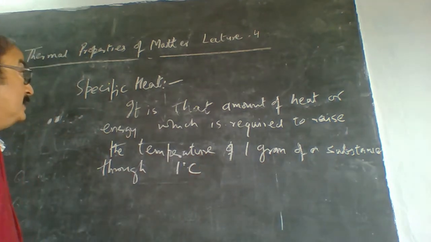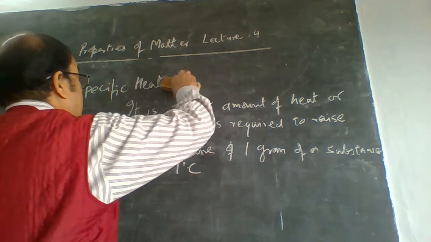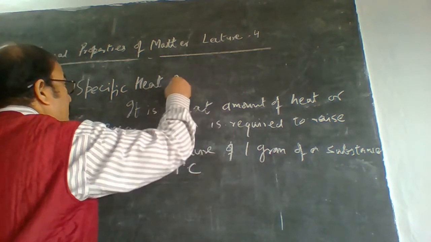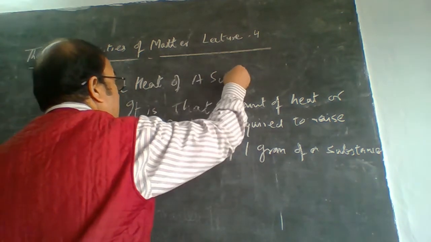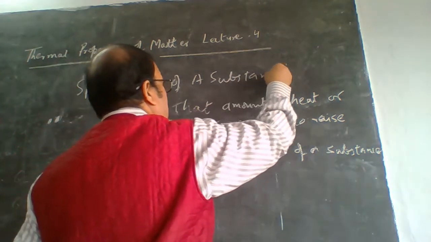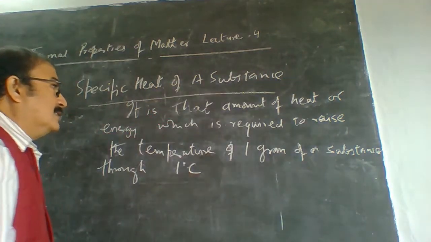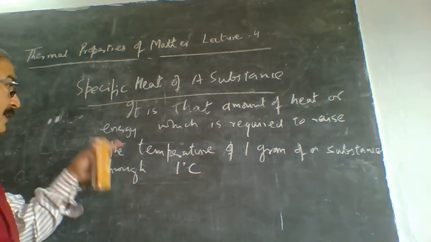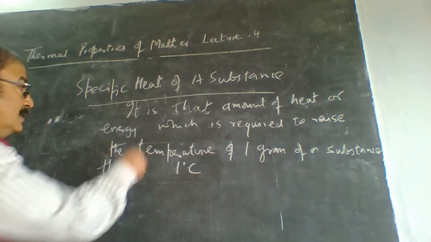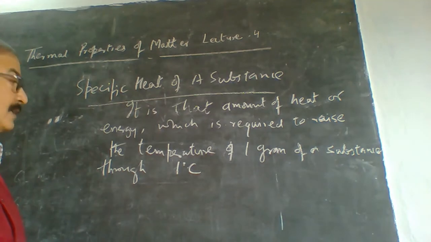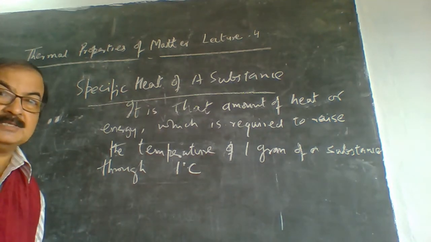Now, specific heat of a substance is that amount of heat or energy which is required to raise the temperature of 1 gram of substance through 1 degree Celsius.